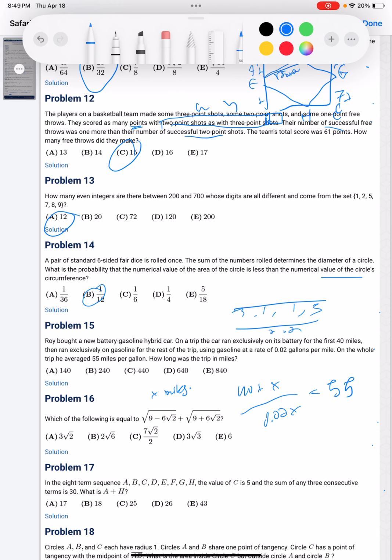This equation, like, let's see. Let's just plug in a value. Let's say the answer 140 is 100, we get 2, so 140 over 2, not going to work. Let's say the answer was 240, and then we get 200, and then we get 20. Let's say the answer is 400, so 400, 80. 40 over 80, is that equal to 55? That is, so the answer is going to be C.